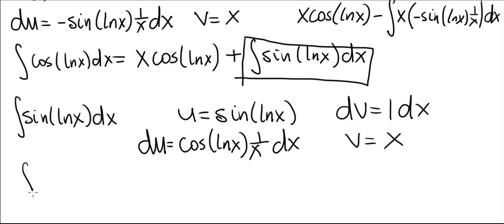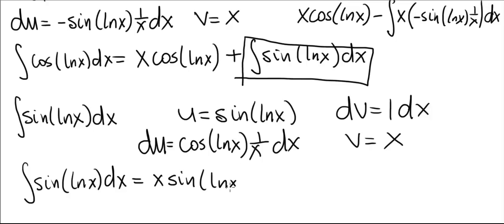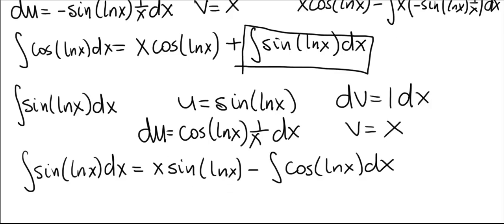So the integral of sine ln x by parts can be expressed as x times the sine of ln x minus the integral of cosine ln x after simplification. Well, again, looks like we're digging a deeper hole, but the solution is almost there.